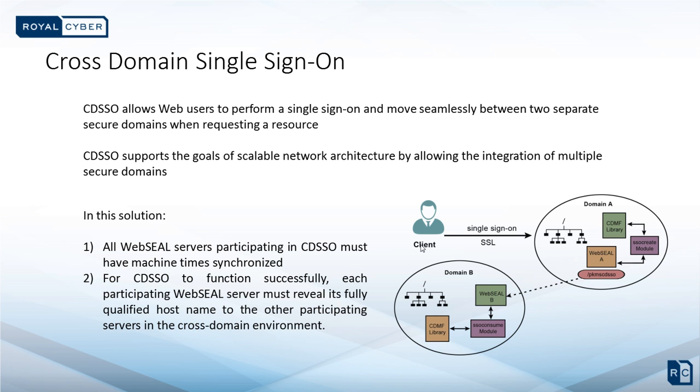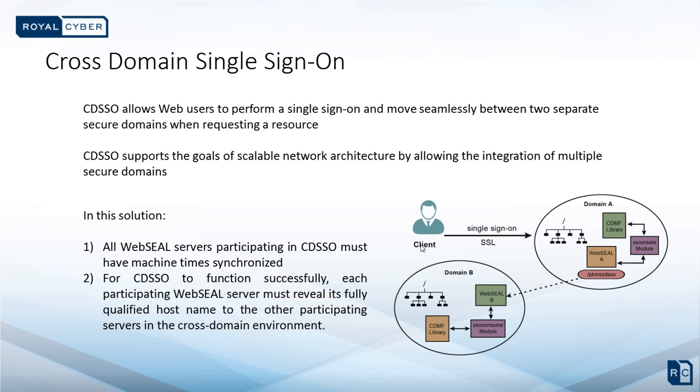This solution supports the goal of a scalable network architecture by allowing the integration of multiple secure domains. For example, a large corporate extranet can be set up with two or more unique domains, each with its own users and object space, and cross-domain single sign-on allows the movement of users between the domains with single sign-on.